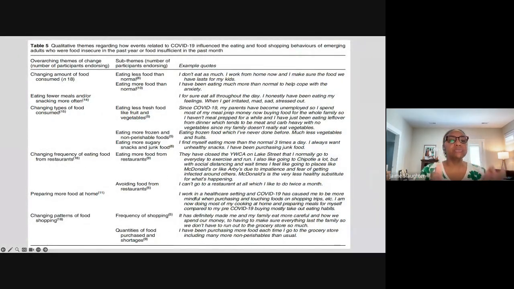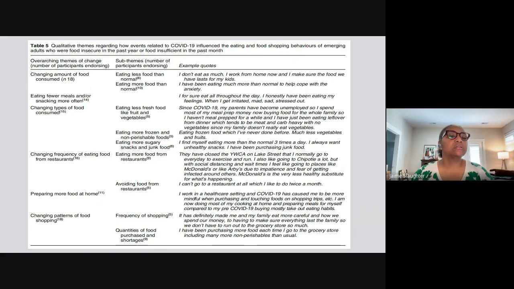So this is a really nice table because it's a way to visualize the themes and provide examples of the themes that were identified in the data.